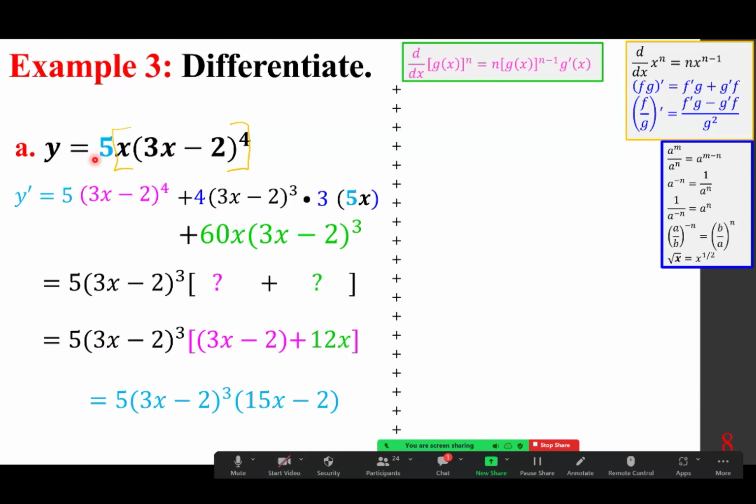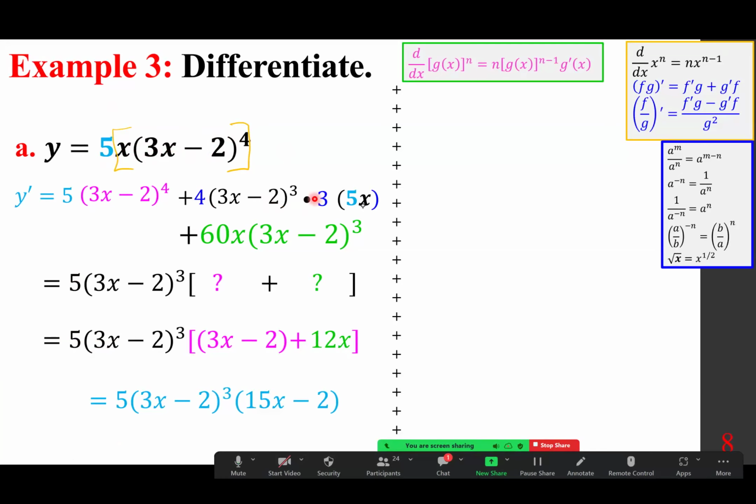So in that case, 5 remains. This gives you 1 times this piece plus this piece. We've already done that. Gives you what? 4 times (3x minus 2) cubed times 3.